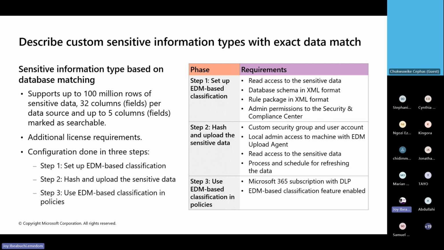Where this becomes very useful is some organizations have extended their data classification up to database level, right? So not just from an unstructured data location. We call the likes of SharePoint, OneDrive, Teams unstructured data, while databases are structured data repositories.